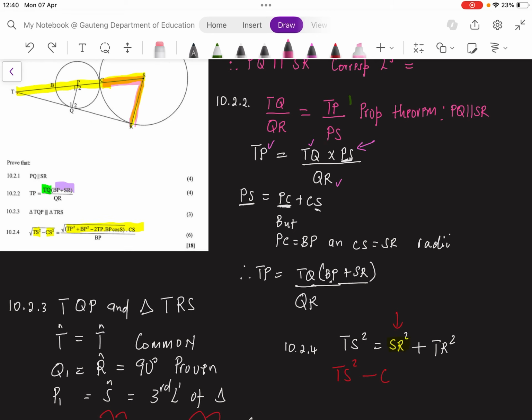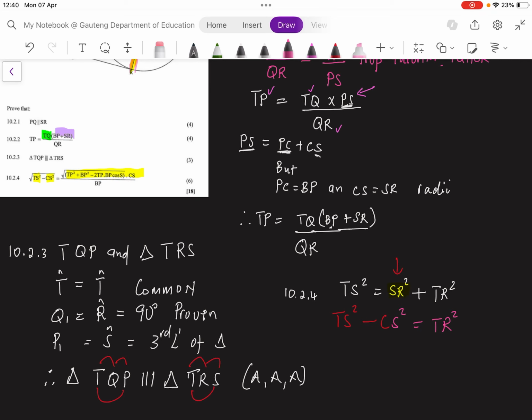Minus CS squared is equal to TR squared. Now, that simply means TR is equal to the square root of TS squared minus CS squared. At least now, we do have something that will link to our left-hand side. Now, let's see our right-hand side.